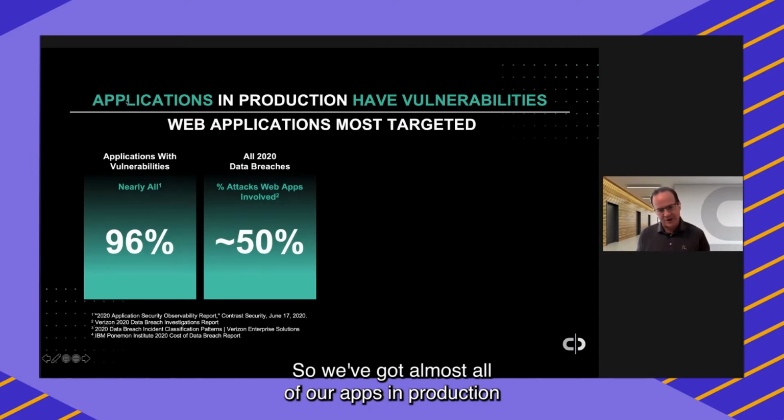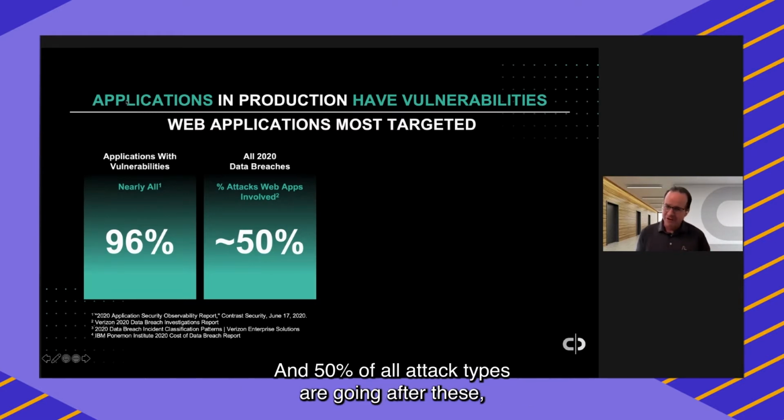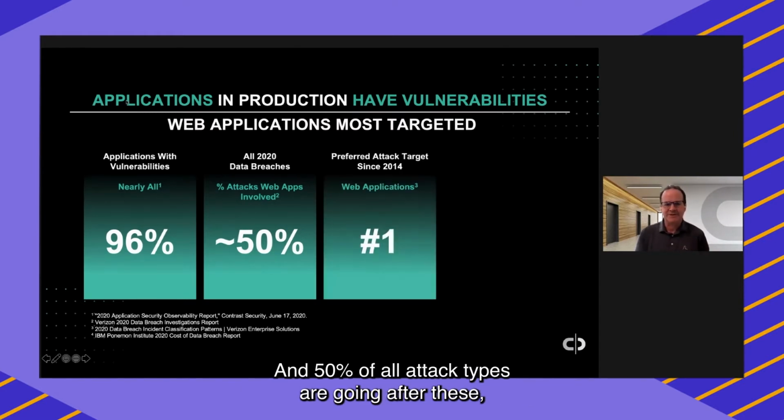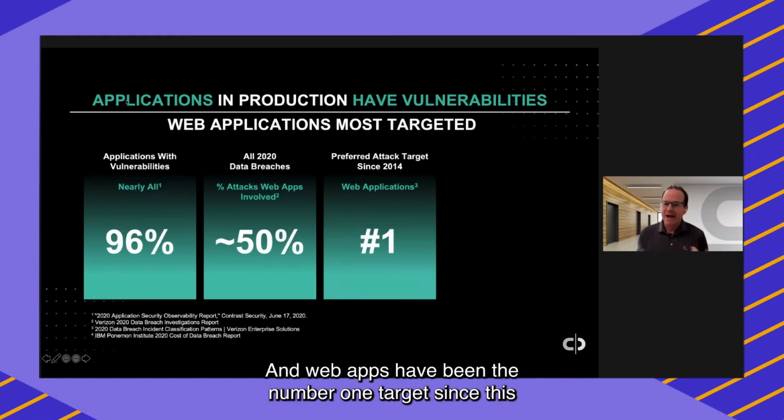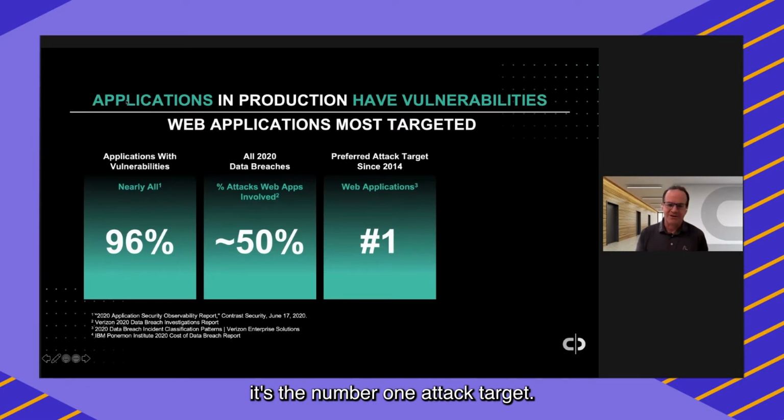Almost all of our apps in production have some vulnerabilities, and 50% of all attack types are going after these web apps. Web apps have been the number one target in this Verizon report, which has been ongoing since 2014. That's why we have a real heavy focus on application security at Contrast Security, because this is the target for a lot of attackers.